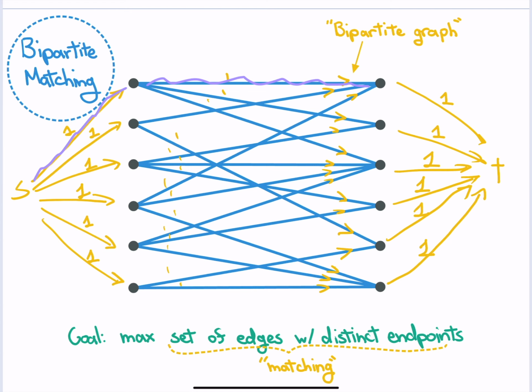Yes, for integer capacities, you can always assume integer flows. I forgot to make that point explicitly. I think we're all on the same page. So integer flow means all the values are integers.